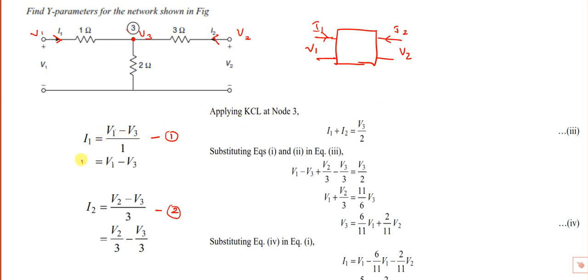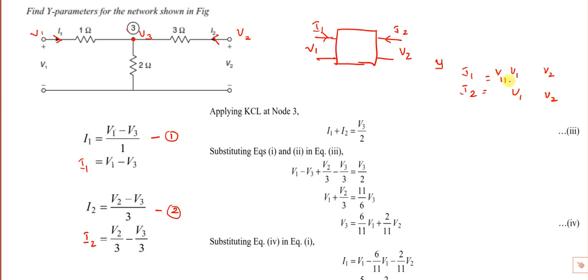Now I got I1 in terms of V1 and V3, and I2 in terms of V2 and V3. But what is Y parameters? In Y parameters, I1 and I2 are expressed in terms of V1 and V2. How to remember like this?